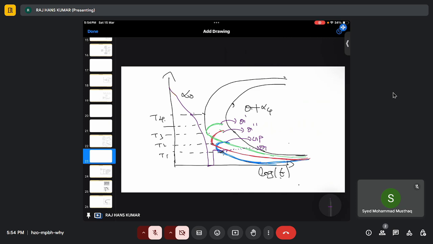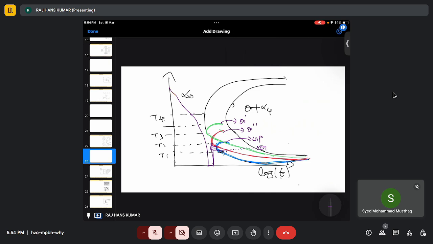Now, if I try to heat it very fast to T2, and then maintain it there, the first one that is forming will be my theta double prime, not the GP zone. Why? Because I have totally shunned the GP zone area, and I have reached theta double prime. And if I try to reach a point here exactly, then I have the combination of GP zones, theta prime, theta double prime, right?